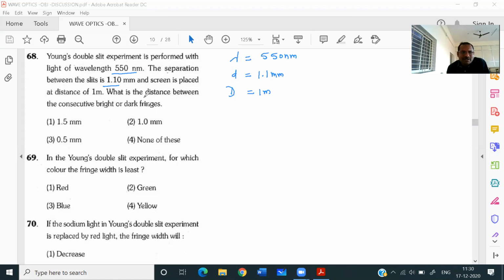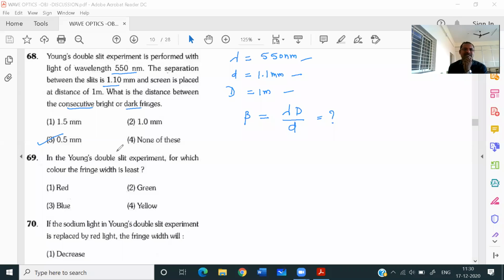What they are asking: what is the distance between consecutive bright or dark fringes? That is nothing but fringe width, and the formula is lambda capital D by small d. Substitute these 3 values, you will get the answer. 0.5 millimeter is the option. Do this, direct substitution question, right?